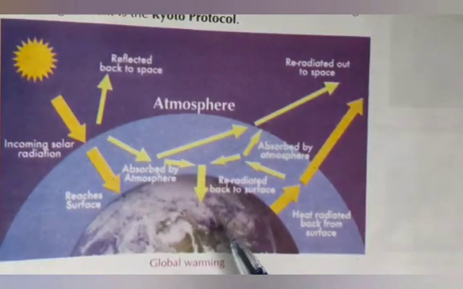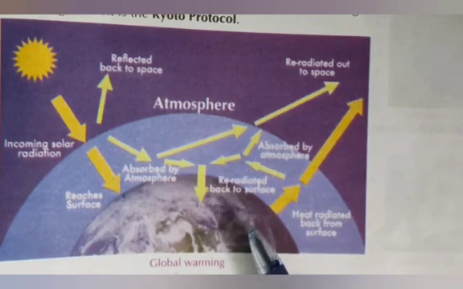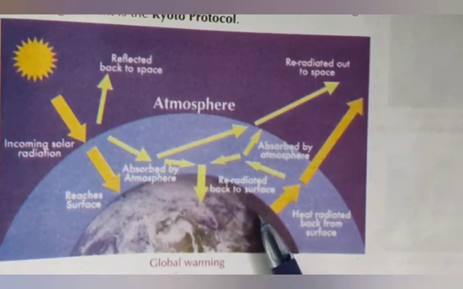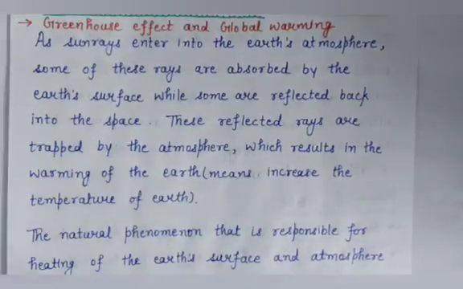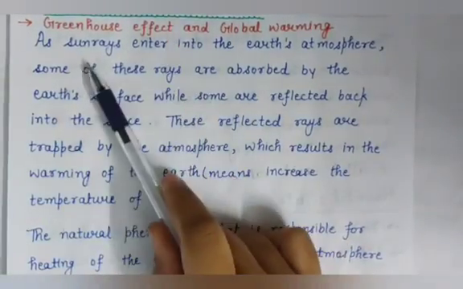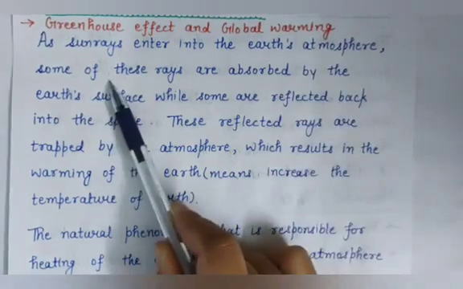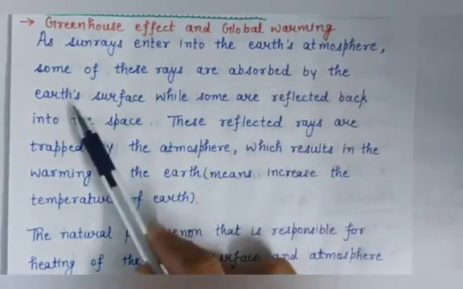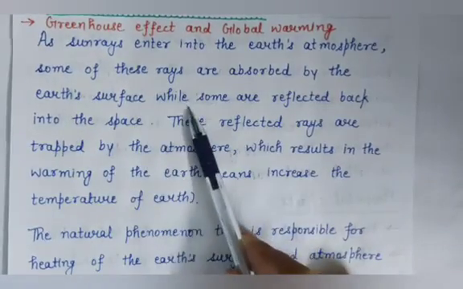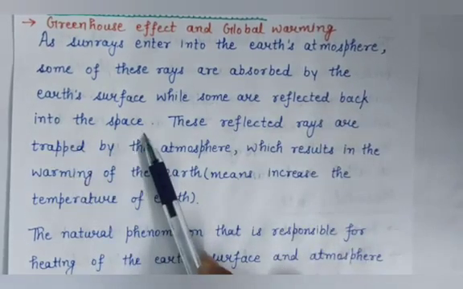And the gases like carbon dioxide and methane which are responsible for this greenhouse effect are called greenhouse gases. So what is greenhouse effect? As sun rays enter into the earth's atmosphere, some of these rays are absorbed by the earth's surface, while some are reflected back into the space.